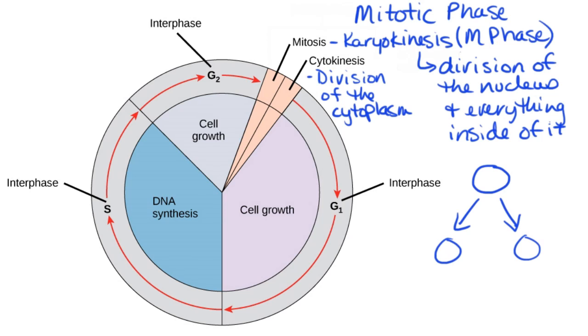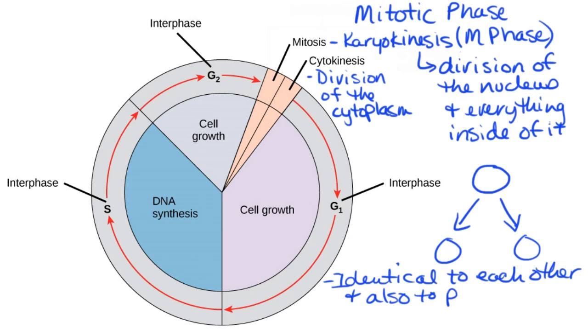And then these two daughter cells that we get, we expect them to be identical to each other, and also identical to the parent cell.